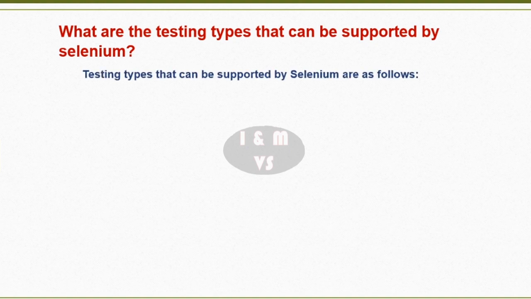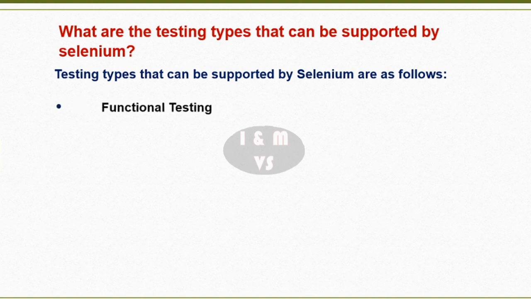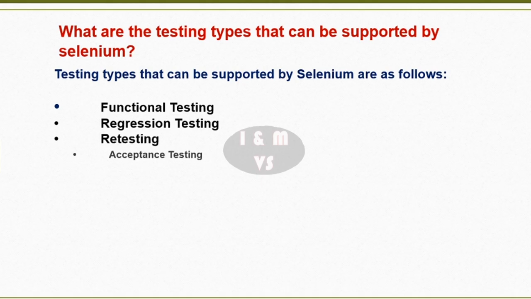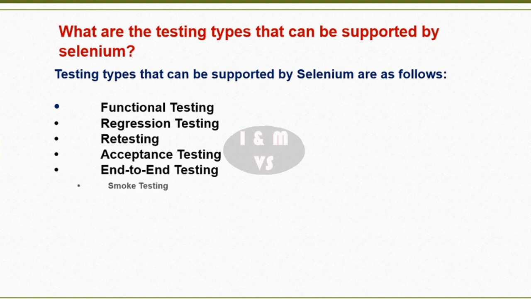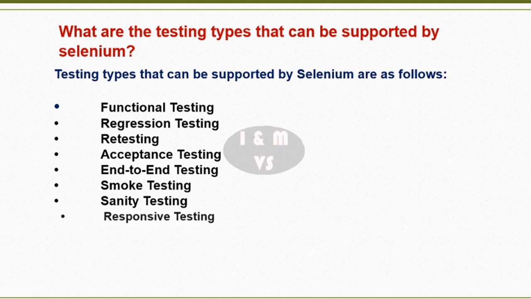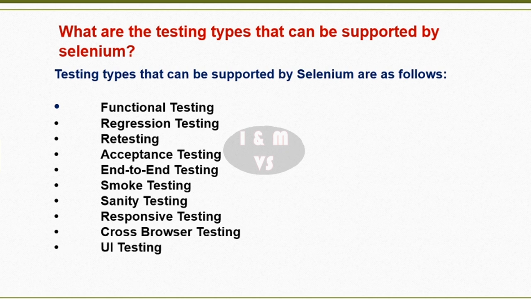The answer is: testing types that can be supported by Selenium are as follows: functional testing, regression testing, retesting, acceptance testing, end-to-end testing, smoke testing, sanity testing, responsive testing, cross-browser testing, UI testing, integration testing.